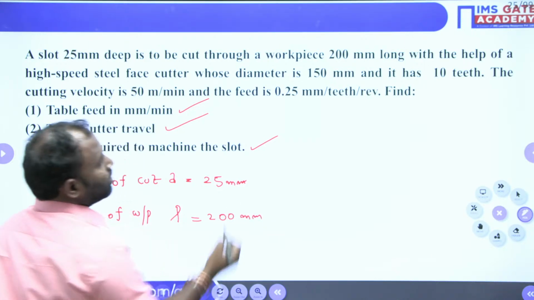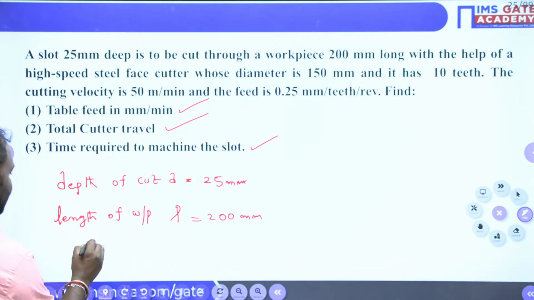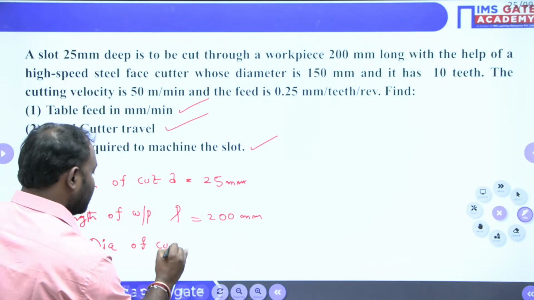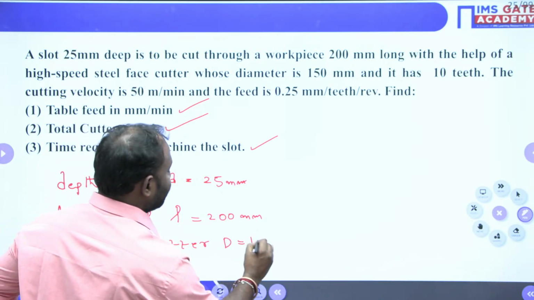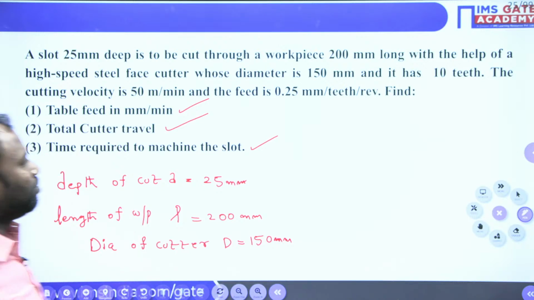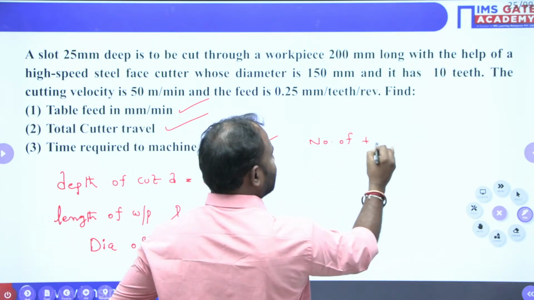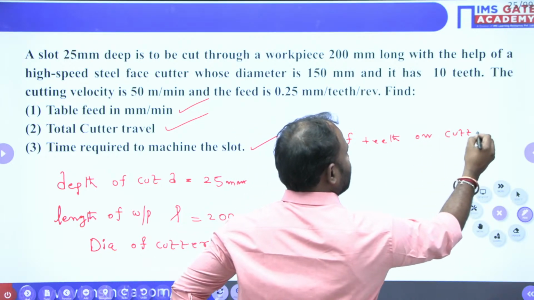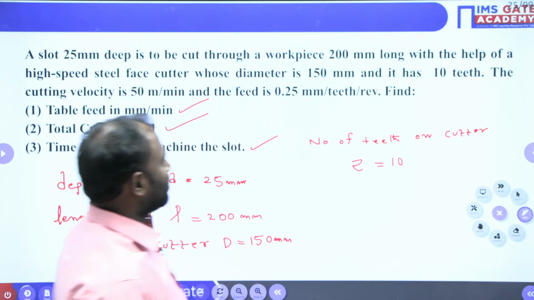Next, with the help of a high speed steel cutter, the diameter of the cutter D is equal to 150 mm. And the number of teeth on the cutter, Z, is equal to 10.